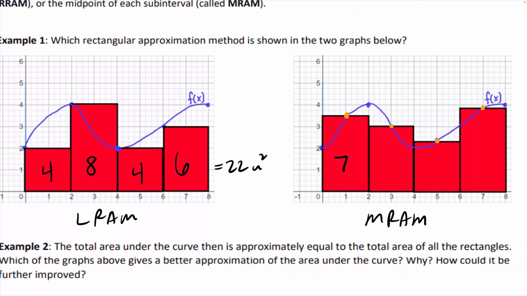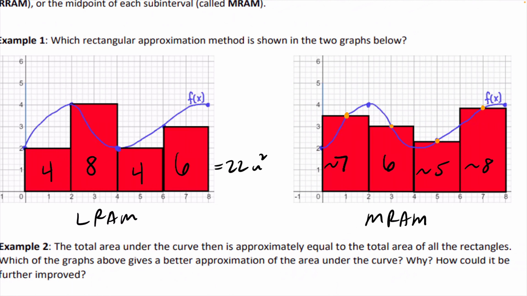We'll say 7. 2 by 3, which is 6. 2 by 2-ish, 2.5 maybe, so we'll say 5-ish. And then the other one's a 2 by 4-ish, so we'll say 8. Those squiggly lines mean approximately. So close to 7, 6, close to 5, close to 8.